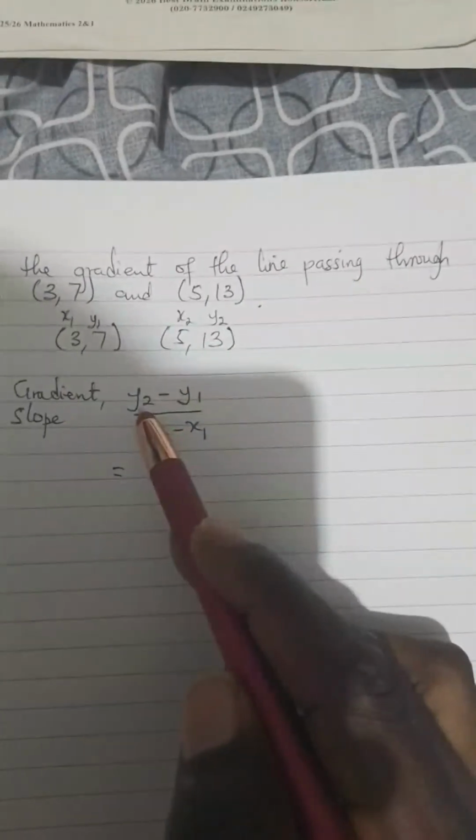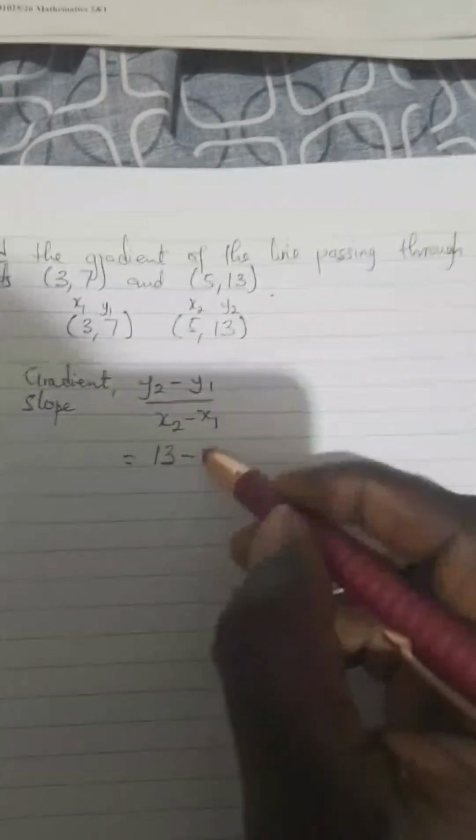So you're just going to do substitution here. The formula being y2 minus y1 on x2 minus x1. So y2 is 13, put your 13 first, minus your y1, that is 7.